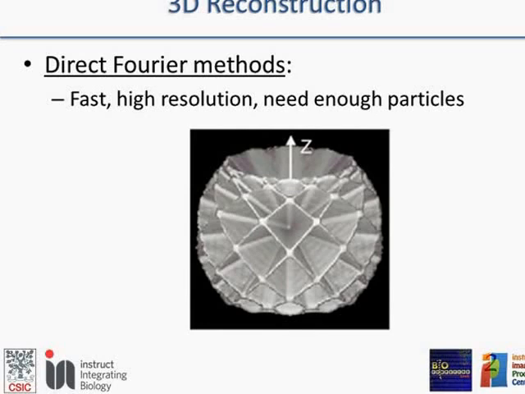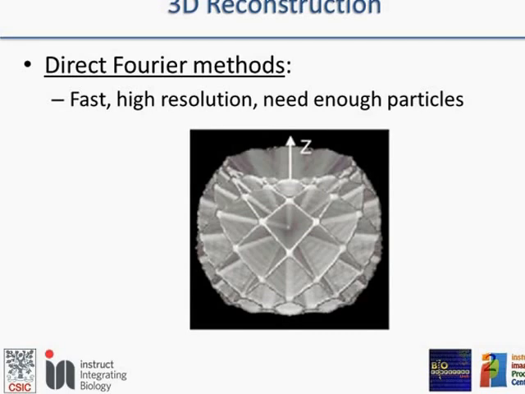The first family would be direct Fourier methods. Since we know that each projection is a plane in the 3D Fourier space, we simply have to reinterpolate the 3D Fourier space into a regular grid and then do the inverse Fourier transform. So this is relatively fast.